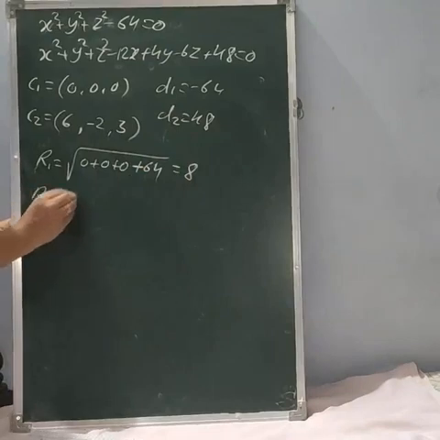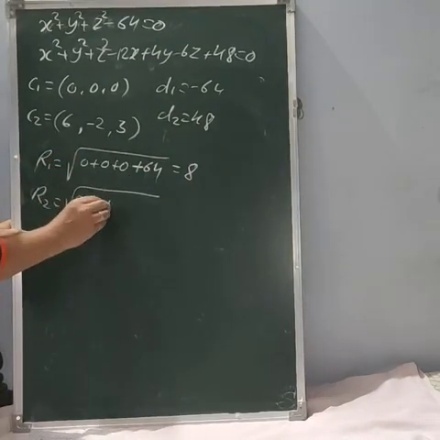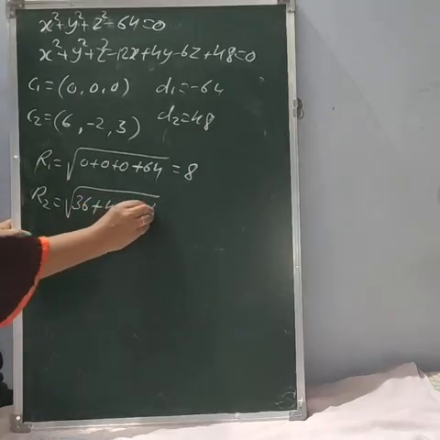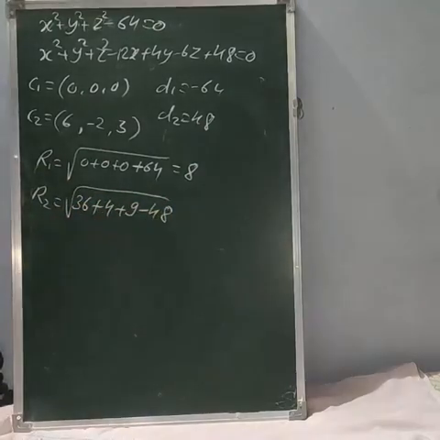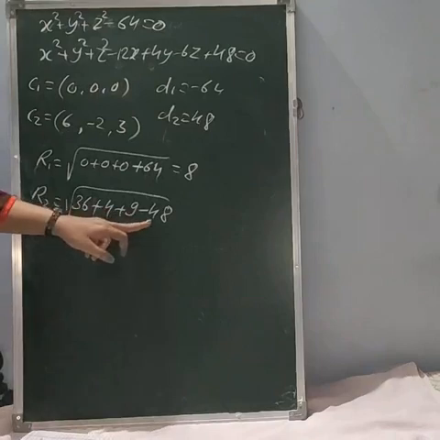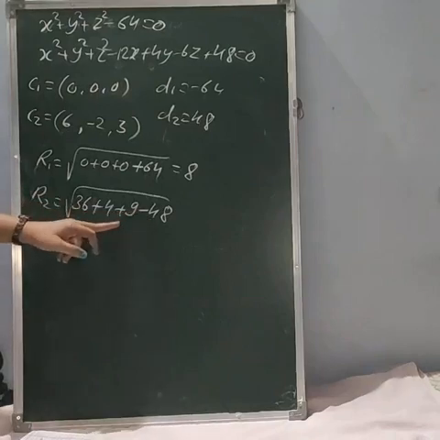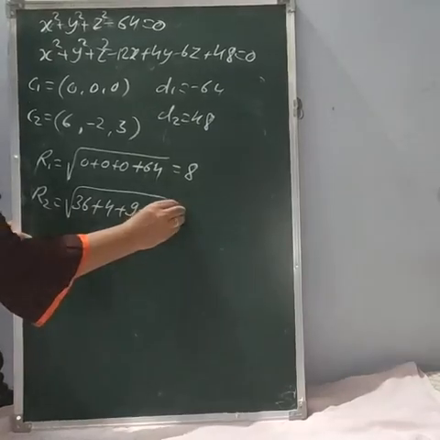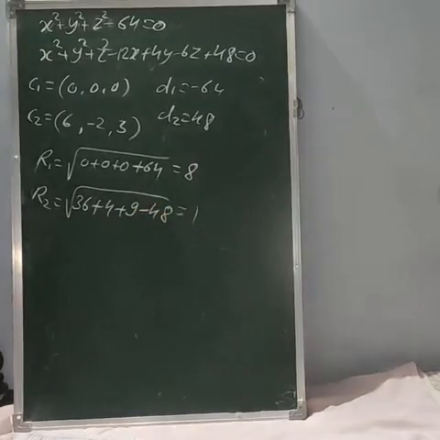Next is R2, square root of 6 square, 36, 2 square, so it is 4, 3 square, 9 minus d, so it is minus 48. If you calculate this, you will get 36 plus 4, so it is 40, 40 minus 48 is minus 8, minus 8 plus 9, so it is plus 1. So you will get root 1, that is nothing but 1.